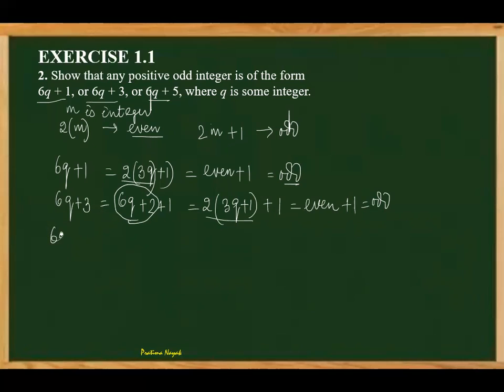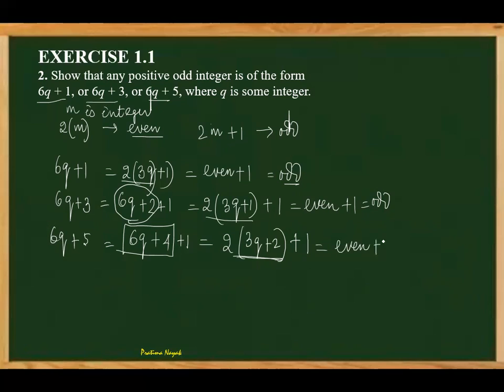Now 6q plus 5. This I'll write as 6q plus 4 plus 1. I'll take 2 common from this, so this will be 2 into 3q plus 2, plus 1. And any multiple of 2 is an even number, plus 1, so this will be an odd number.